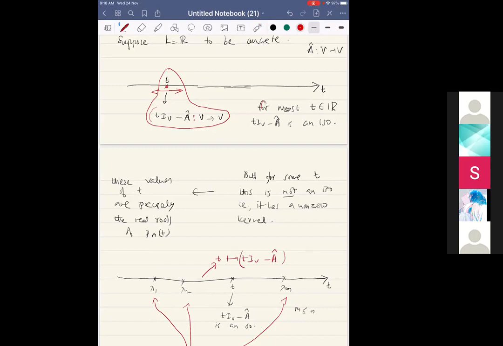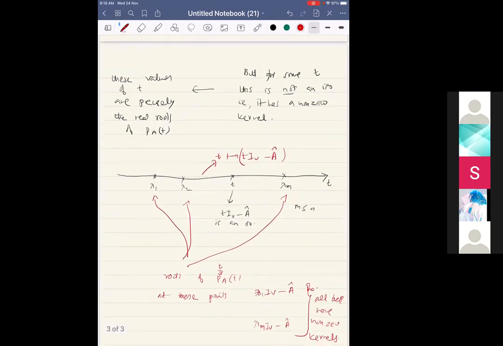At all these points away from lambda 1 to lambda m, where m is at most n, this linear map is an isomorphism. And at each of the roots of the characteristic polynomial, this linear map fails to be an isomorphism.